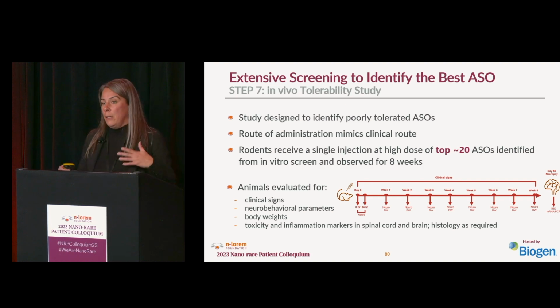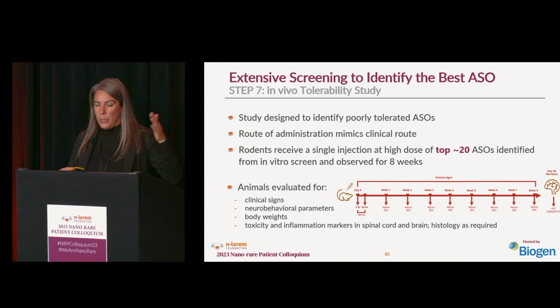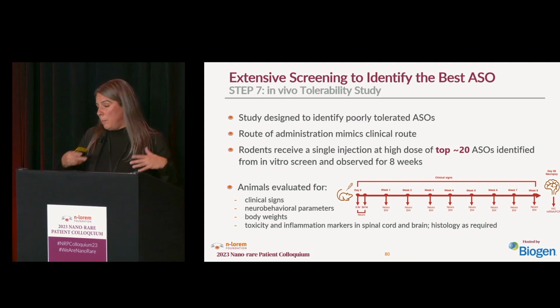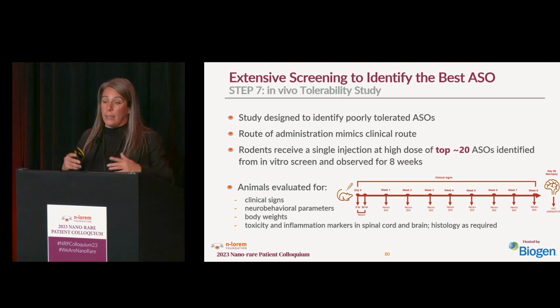And then from this step, along with all the data that we've accumulated from the very beginning when we started with the single dose potency assay, and then the dose response curve, and the BJAB and the off target, we take all of this data, look at it in the context of the patient, and identify which ASO has the best potency, the highest selectivity, and is the best tolerated.